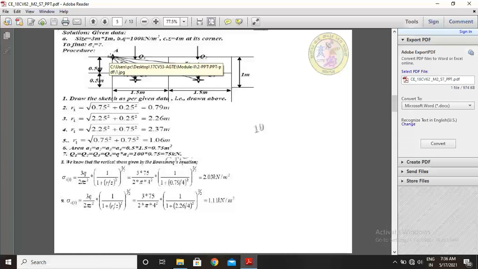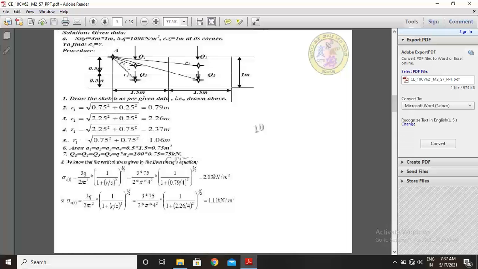Okay, at a depth of 4 meter, A is at the corner. Now you locate Q1 acting at the center of the rectangle, Q2 acting at the center of the rectangle, Q3 and Q4 likewise.